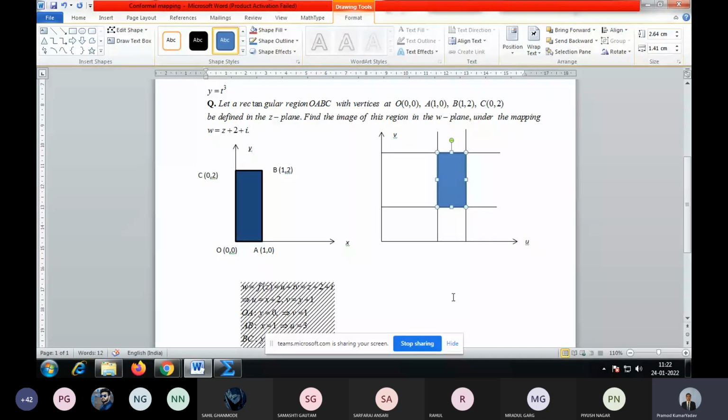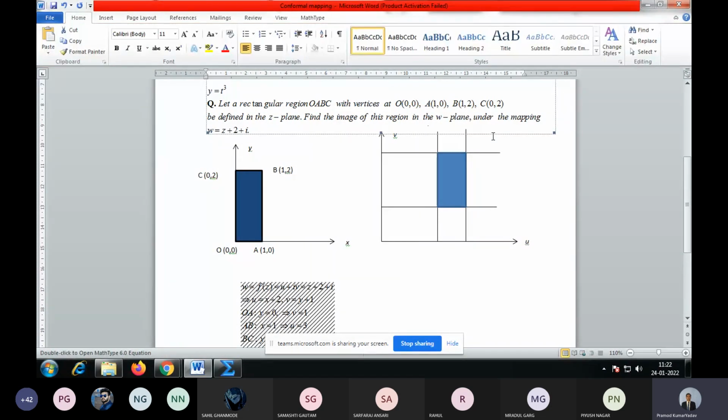Yes, sir. So what you find is that this region, which is in the Z plane, has been transformed in the W plane to this one with the help of the transformation W equal to Z plus 2 plus iota. Okay?